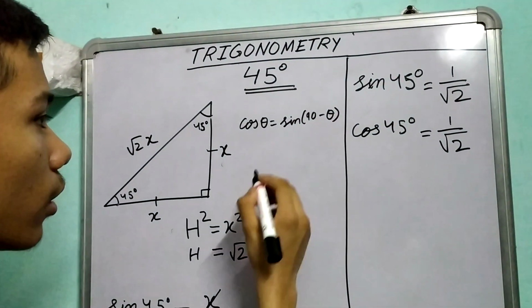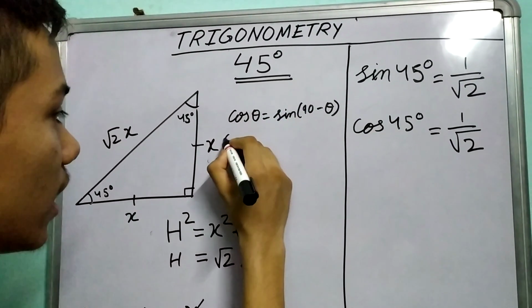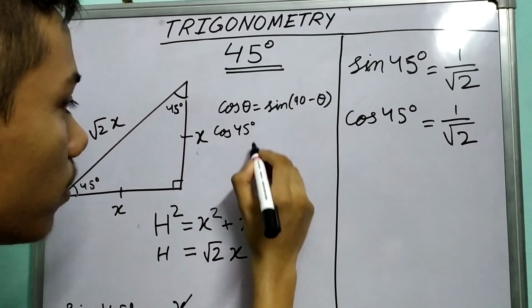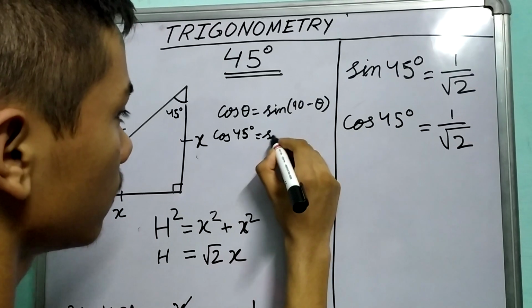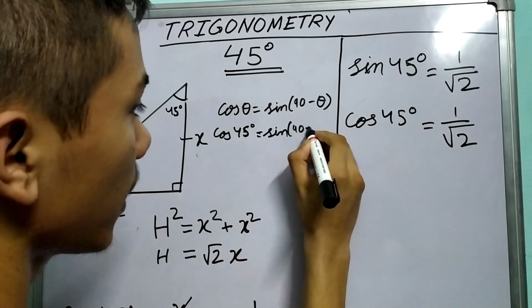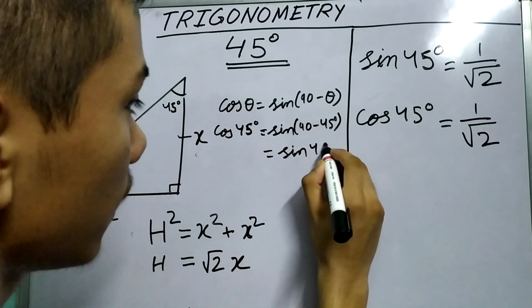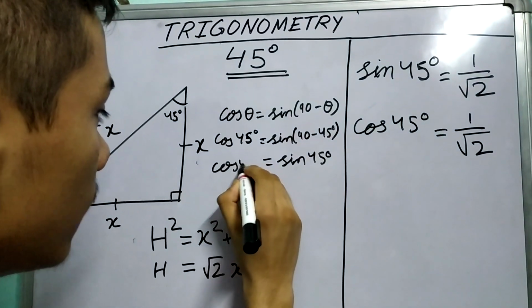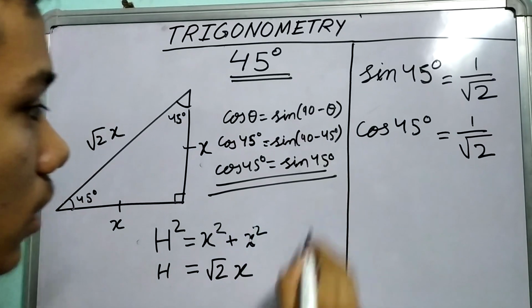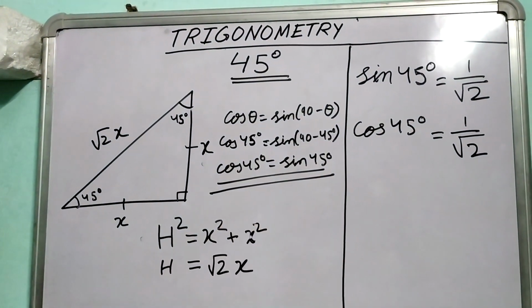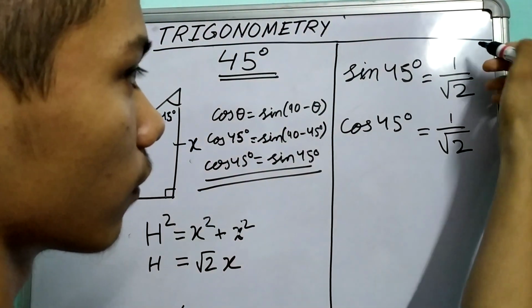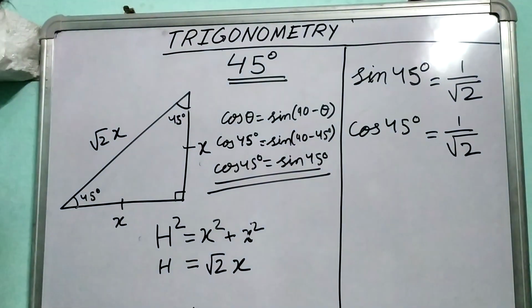Now if we write 45 degrees instead of theta, we get sine of 90 minus 45. And what is 90 minus 45? It is 45. And we get cos 45 as equal to sine 45 degree. So hence these two are equal, 1 upon root 2 for each.